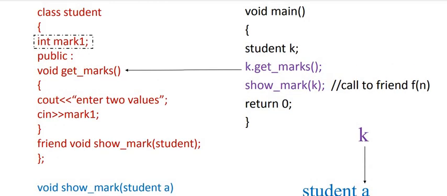I have an object k dot get marks. Look at that function call, friend function call, show mark within brackets object name, as we are passing object as an argument. We don't need to create an object dot show mark.